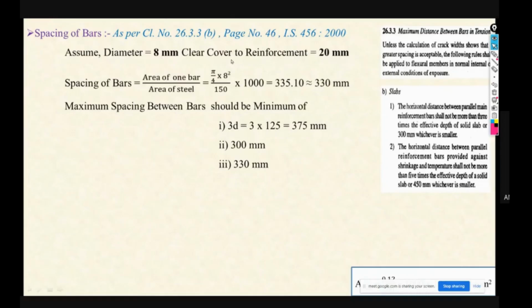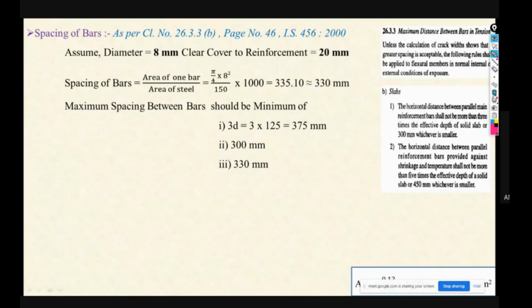As per this reinforcement and the diameter, we require 330. So just compare these three and choose the minimum value. First, 3D is 375, second is 300, and as per the reinforcement is 330. So the minimum is 300. So 300 mm spacing generally we will consider for the main reinforcement.